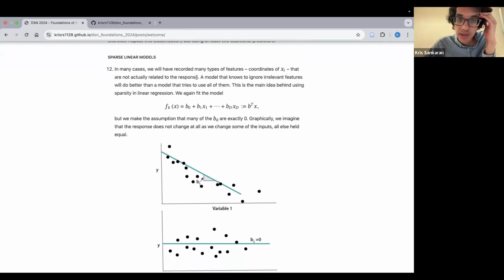You can improve your modeling if you tell the model, I gave you 100 features, but only a small number of them are probably relevant, you can ignore the rest. If you give your model this information, you can get much better prediction performance, because it doesn't have to search through as complicated a space if you tell it that only some of the features are relevant.